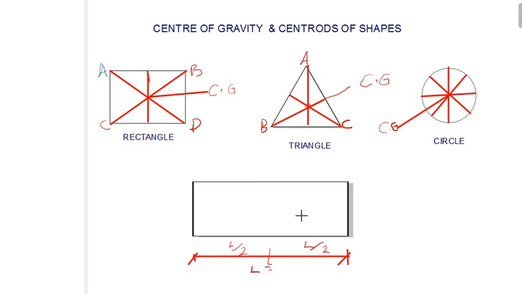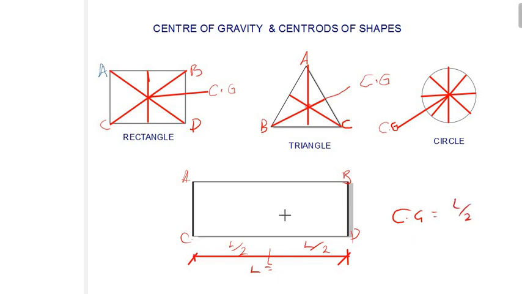So the CG of this rectangular shape along the x-axis is L over 2, irrespective of the point you're coming from, whether A, B, C, or D. From C to D along the x-axis it is L over 2, because the total length L divided by 2 gives the center of gravity. CG for this shape will be equal to L over 2.